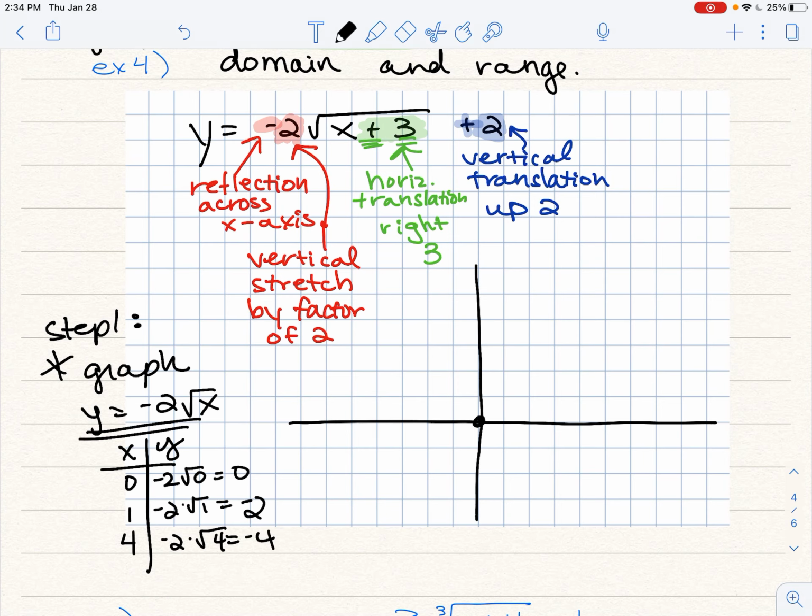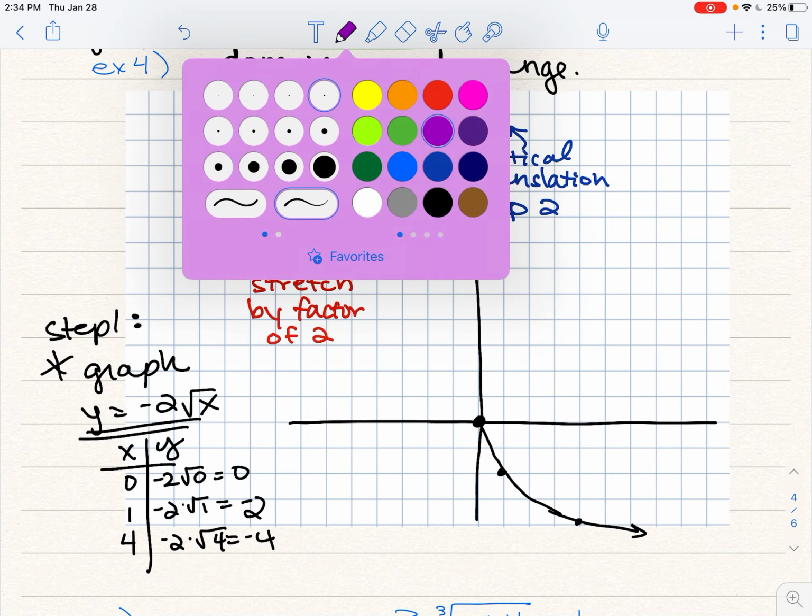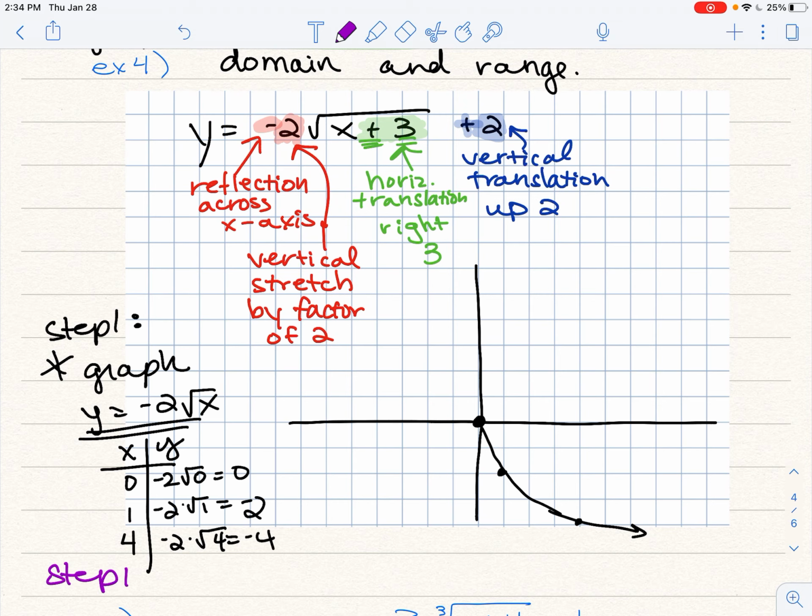So let's go ahead and graph those points. 1, -2, and 4, -4. It looks like this. Okay, that's just step 1 though. Step 2 is now we're going to do the translations, which is the up, down, left, and right.